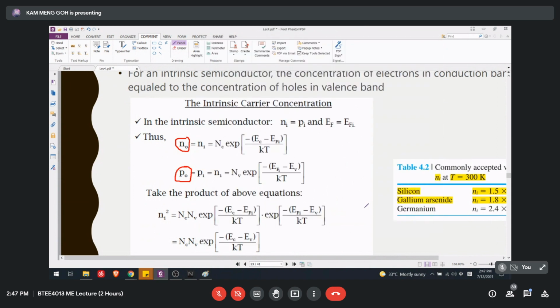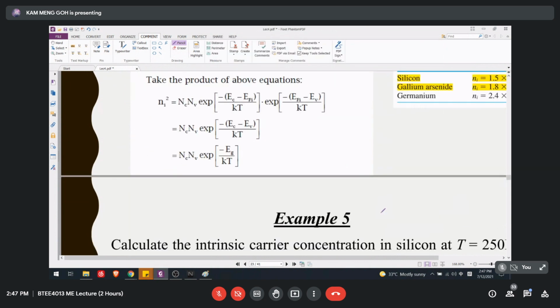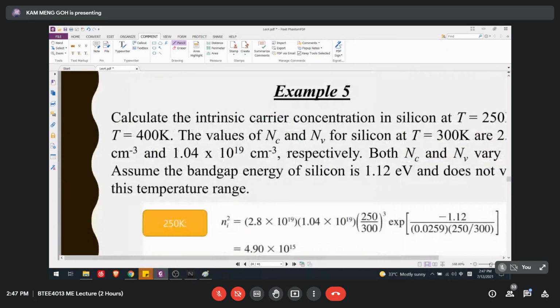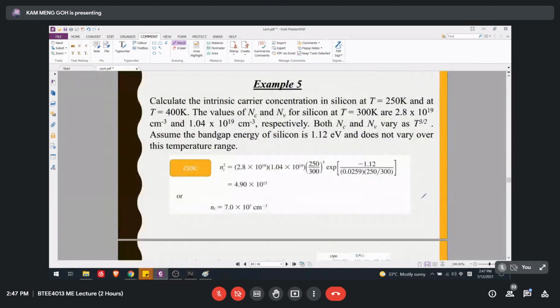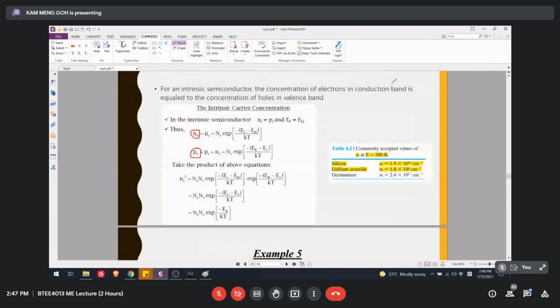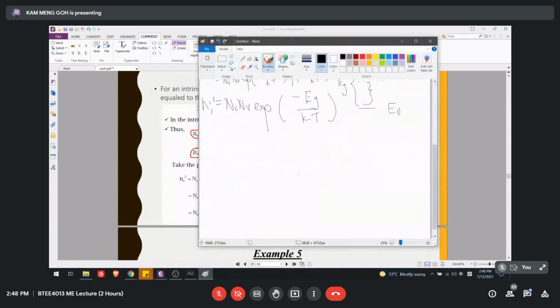Okay, let's see how we're going to use this formula. For example, calculate the intrinsic carrier concentration in silicon at 300K. We assume the 300K case first. Let's say your energy gap is 1.15 eV, and this is silicon.